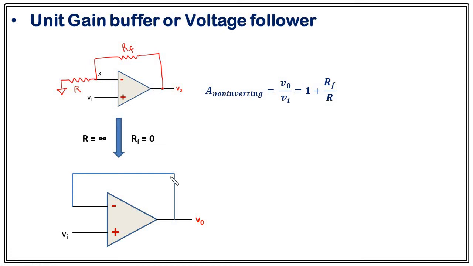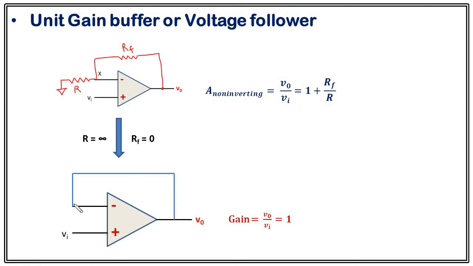Now just calculate the gain for this by using this relation. As RF is 0, from this relation, the gain for this circuit is equal to 1. Similarly, if you want to use the concept of virtual short circuit, then voltage at this point will be VI, but as this point and output terminal are both at the same potential, it must be equal to VO also, therefore VI is equal to VO.